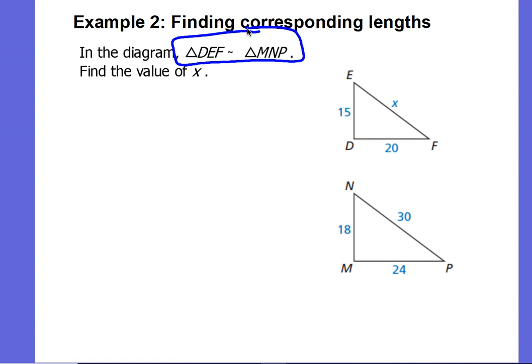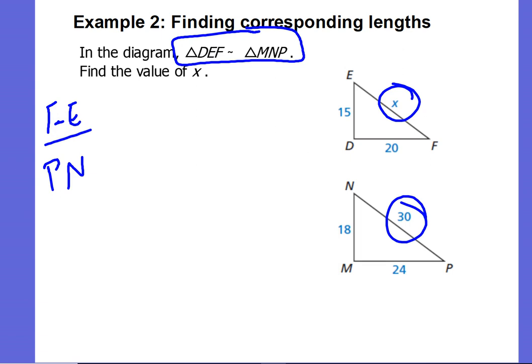So we have to identify, obviously, which other side corresponds to x in triangle MNP. The side that corresponds to x in MNP is the side that has a value of 30. Specifically, FE corresponds to PN.